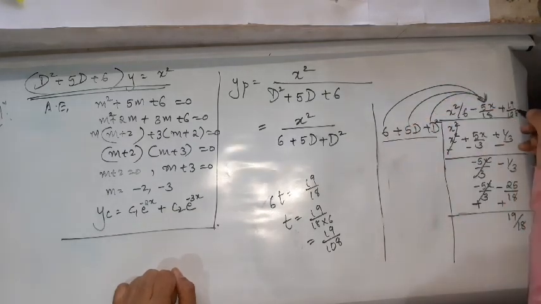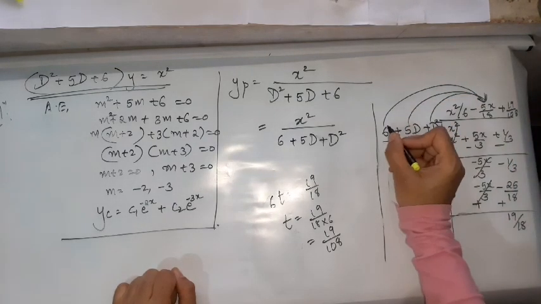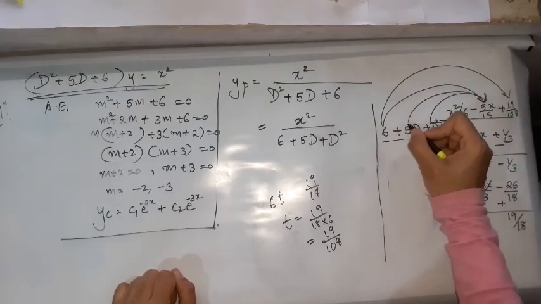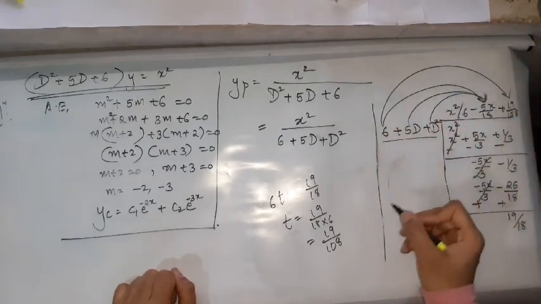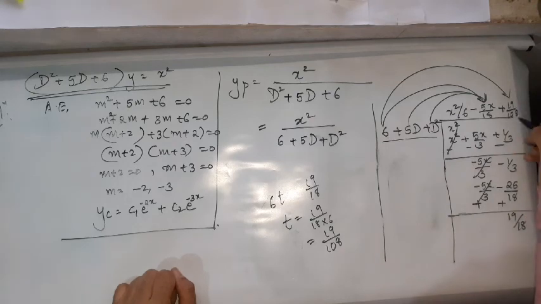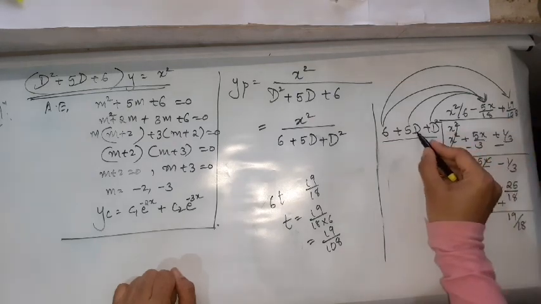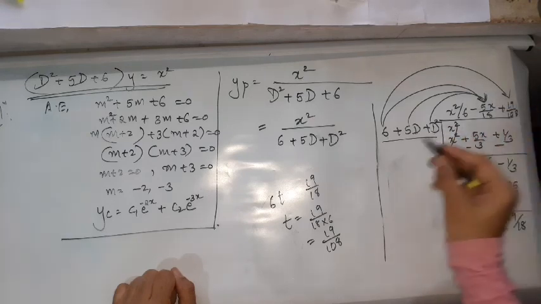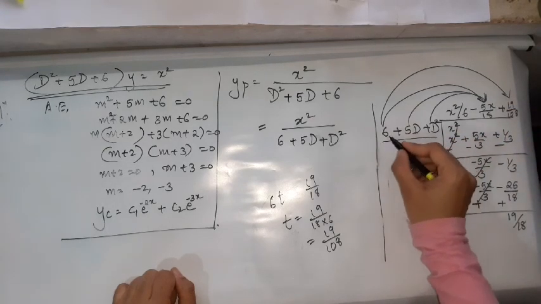Now multiply that to this term. 19 by 108 into 6. Again that same rule follows. But look at this, this is a constant term, there is no x, so the derivative of this constant term with respect to d will be 0, the second derivative also 0. So the only thing you have to do is multiply the constant which is here with that.